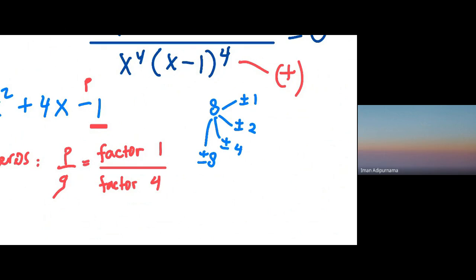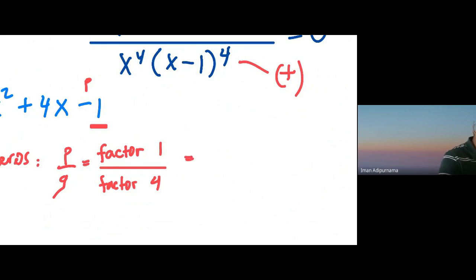Okay, that's the factor. If you remember, I think it's elementary school, right? Common number or factors. So if you have factor of 1, then 1 only has plus minus 1, right? Divide by 4. 4 will have 1, 2, and 4.